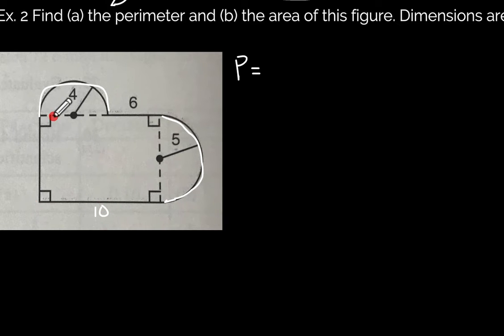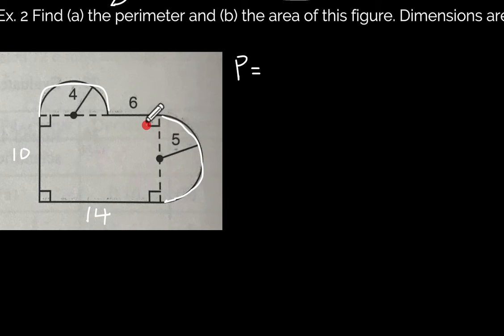So it's going to be your 4 plus your 4. Okay, well, let's fix that up. Okay, so 4 plus 4 is 8 plus 6 is going to be 14. All right, this distance right here, if you straighten this radius up, it's going to be 5 that way, 5 down this way, so this side's going to be 10.